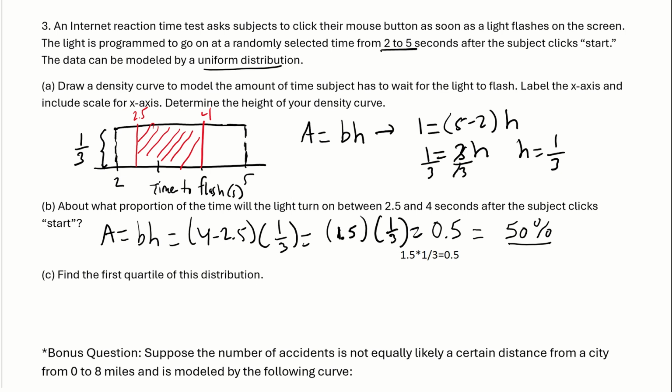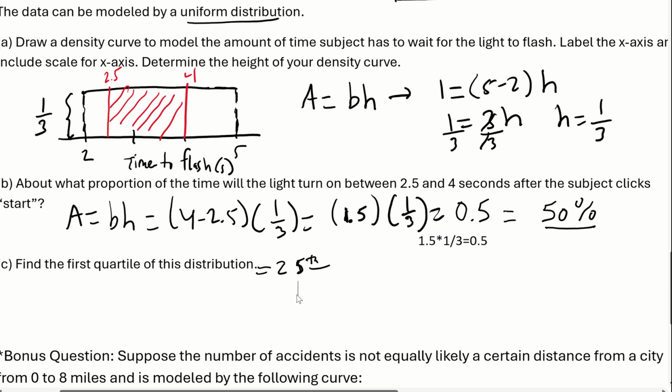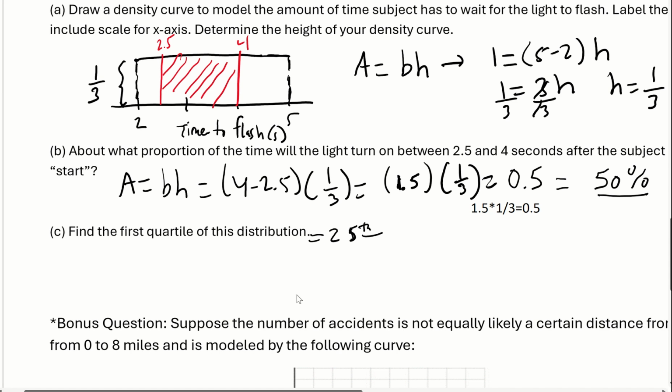All right, so now find the first quartile of the distribution. So now the first quartile is the 25th percentile, right? The second quartile is the 50th, and so on and so forth. So we want to find the 25th percentile. So basically we want, and I'll draw a different curve.